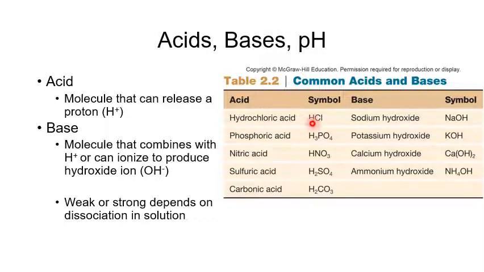So if we put this in water, all of this would become hydrogen ion and a chloride ion. So this molecule is defined as an acid, because when we put it in water, what does it add to the solution? It adds hydrogen ions. Okay, so acids can release hydrogen ions.